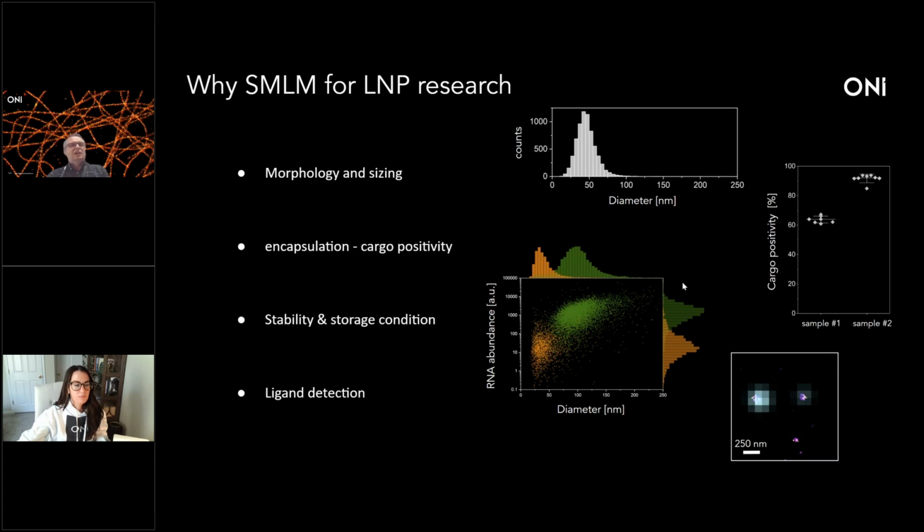But if your cargo is a peptide or even an antibody, you can pre-label it before you encapsulate it, and then you can detect it. I would need to know more about what your cargo is, but most of the time, if it's pre-labeled, we can detect it.